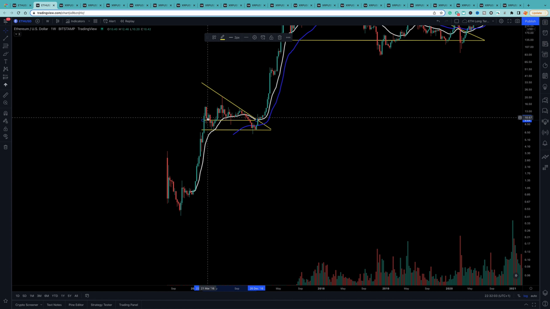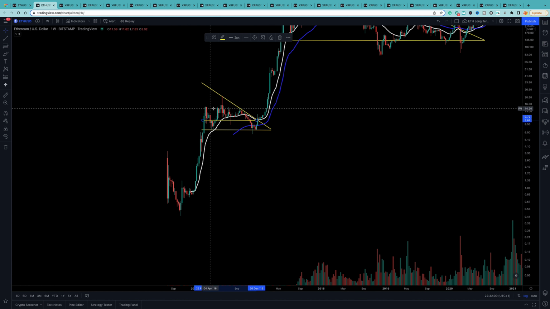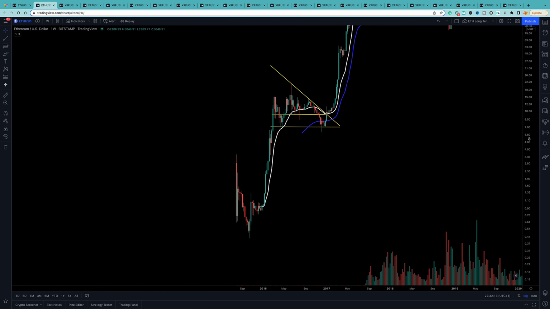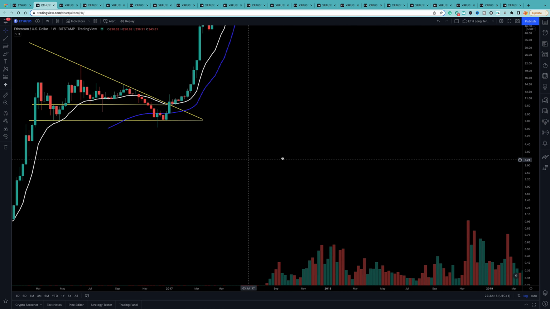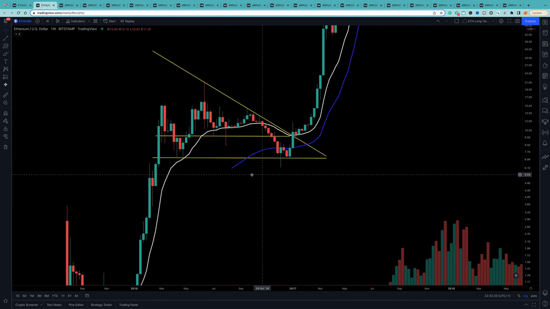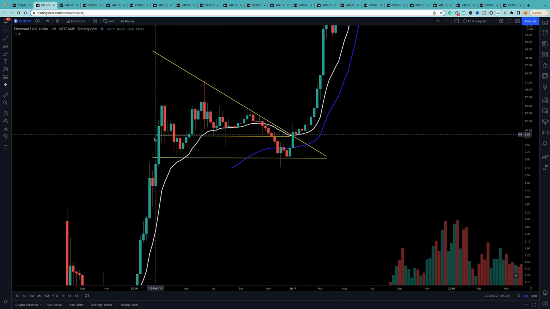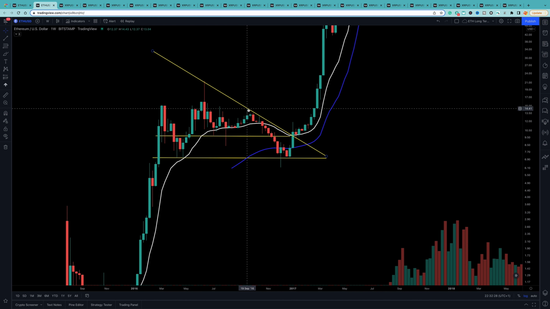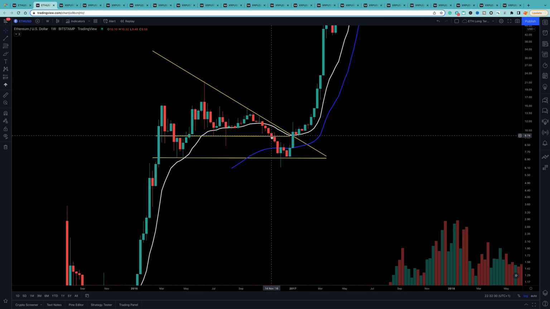Where here, a little bit of support, resistance, support, support. If I did the same thing from here, is it worth doing?